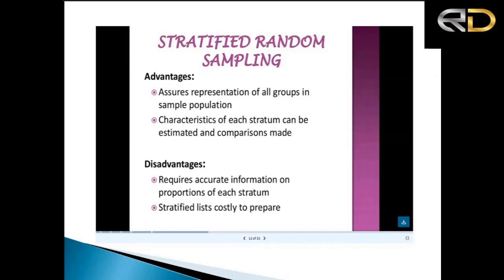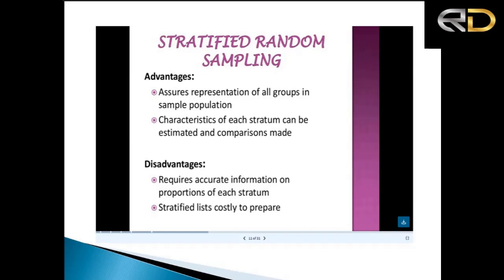We can fix the cost, because you may have this situation many times, that you have been given a fixed price as pocket money, and you have been told that you have to spend it through the whole month. Suppose you are a student and you are given only 2000 rupees by your parents, and you are instructed that you have to pass this month on these 2000 rupees. So this way we have fixed the cost and we are trying to minimize the variance.